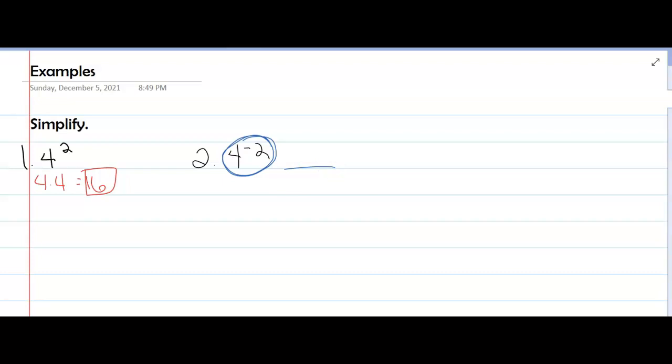So that 4, that base, is going to move to the other side of the fraction bar. So that 4 moves down to the denominator. When I move that 4 down to the denominator, the negative 2 becomes a positive 2. And then remember, if you don't have anything left in your numerator, you want to write a 1 in there. So you have 1 over 4 squared, which is going to be 1 over 16.